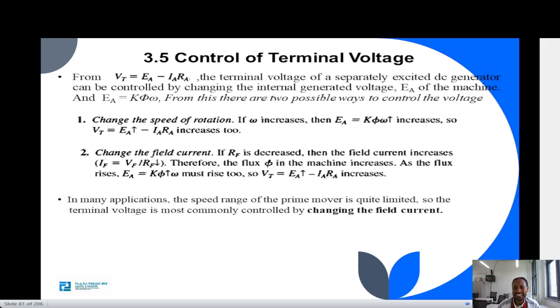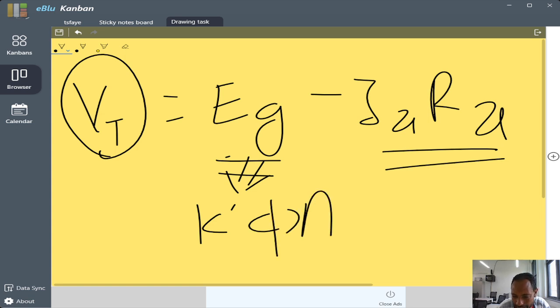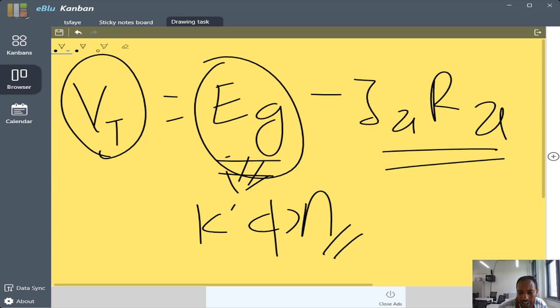How can we control the internal generated voltage? One, by changing the speed of rotation. What does it mean? This Eg, we said, is K phi n, right? So in order to control Eg, I can control this n or I can control this flux, right?